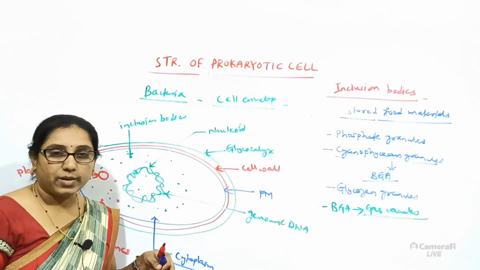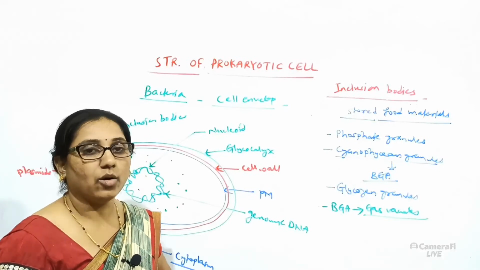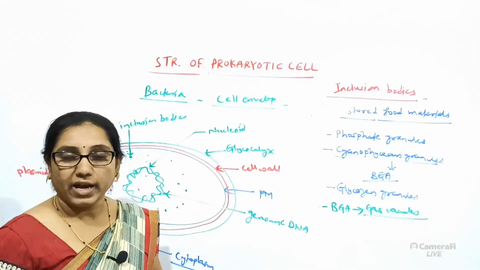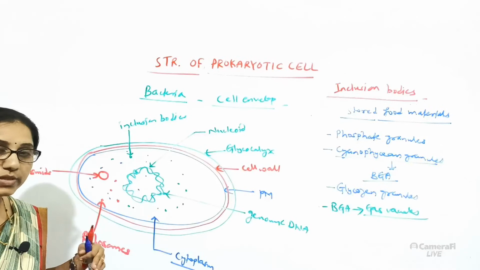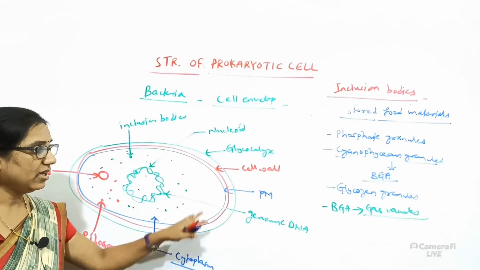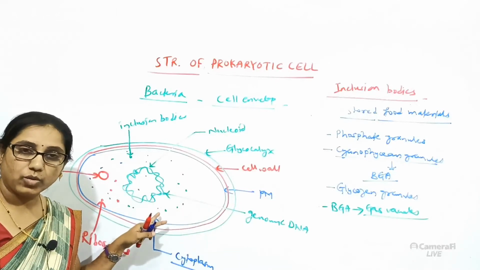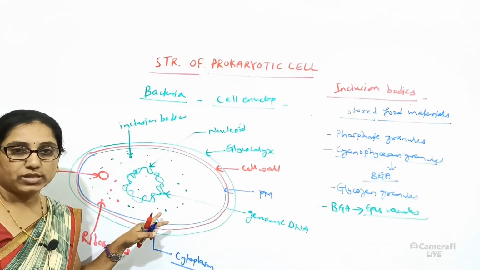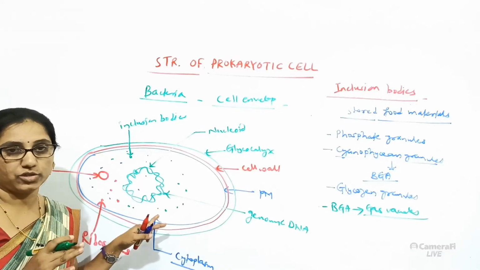Due to the absence of nuclear membrane or well-developed nucleus, and due to the absence of compartmentalization by cell organelles, the bacterial cell or prokaryotic cell shows a very simple structure.